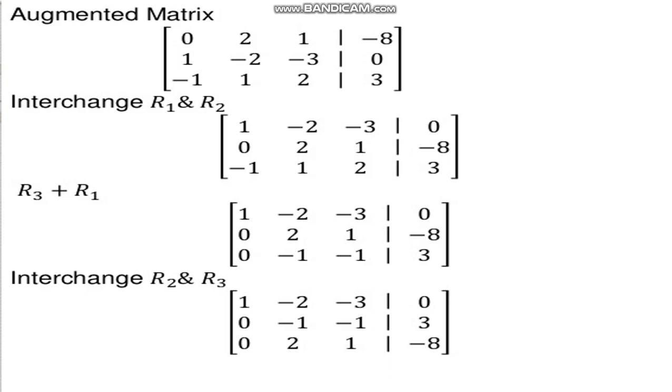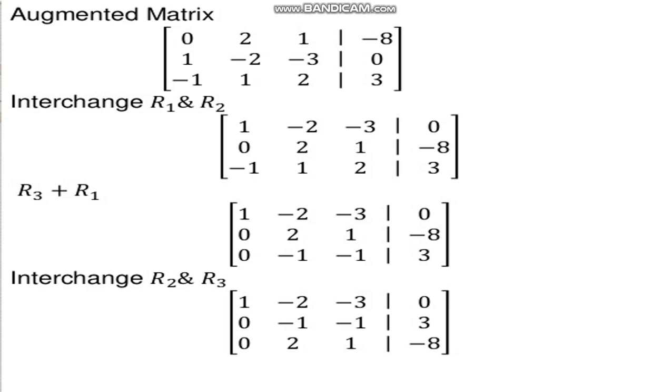We get the matrix 1, -2, -3, 0, 0, 2, 1, -8, -1, 1, 2, 3.